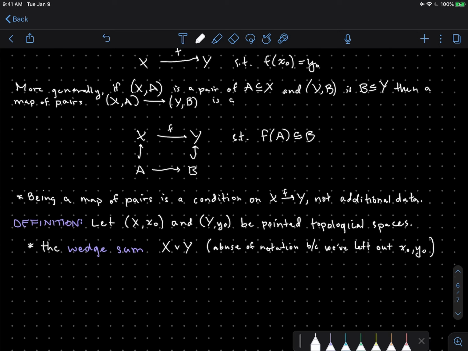Depending on which choice of points we have, we could potentially get different answers, but this should be clear enough in context. So the wedge sum can be described in two different ways.